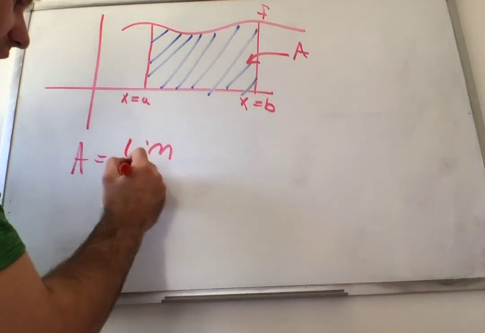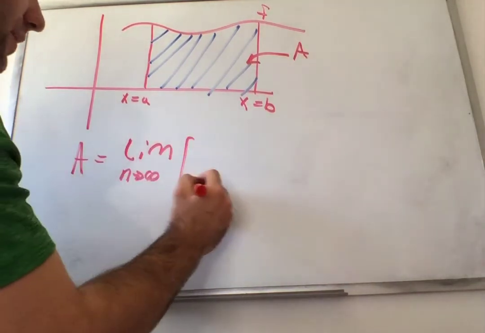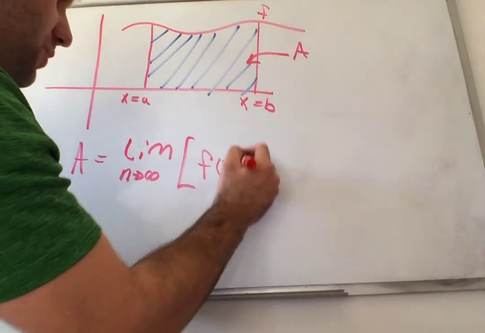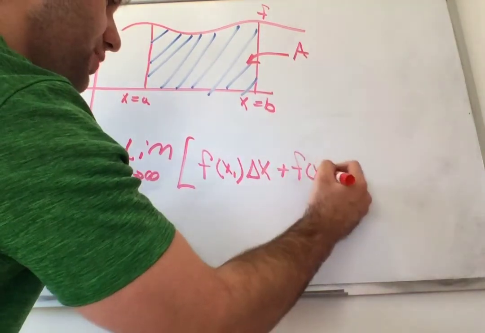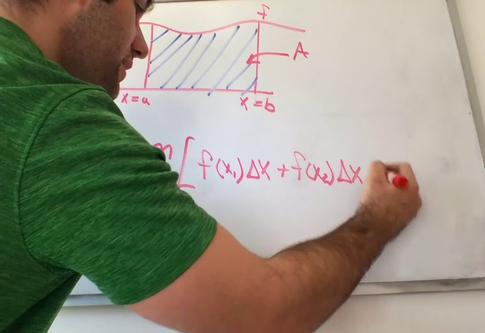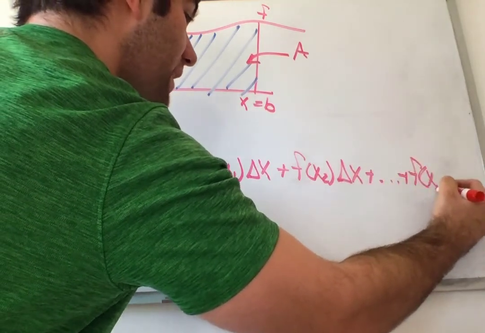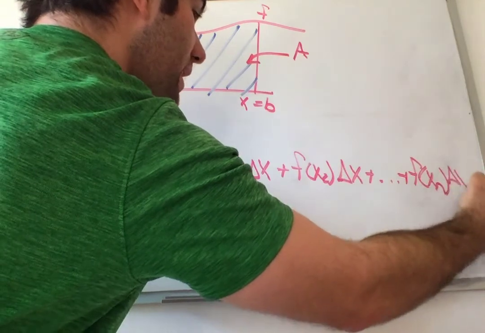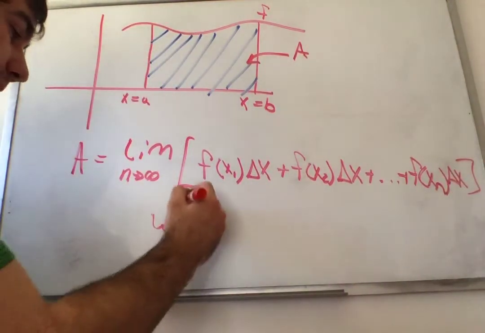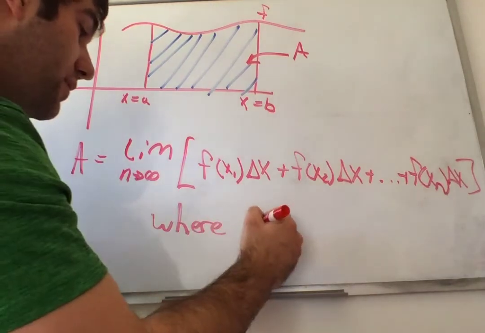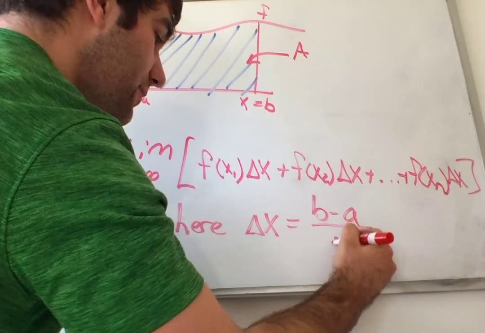the limit as n goes to infinity of f of x1 delta x plus f of x2 delta x plus dot dot dot plus f of xn delta x, where delta x is equal to b minus a divided by n.